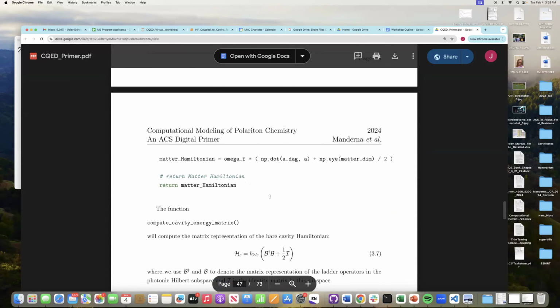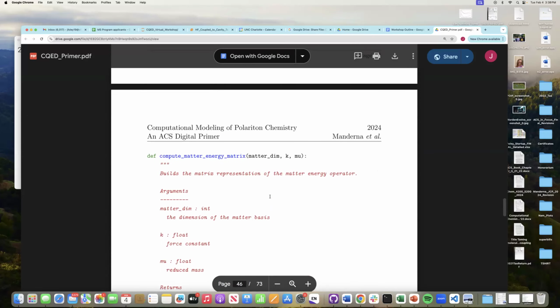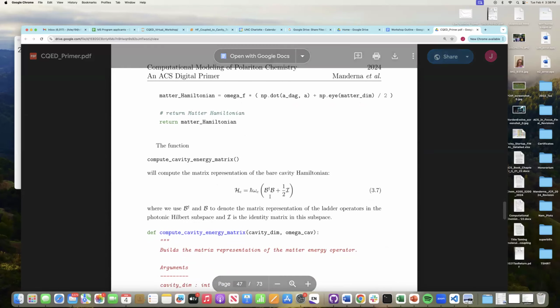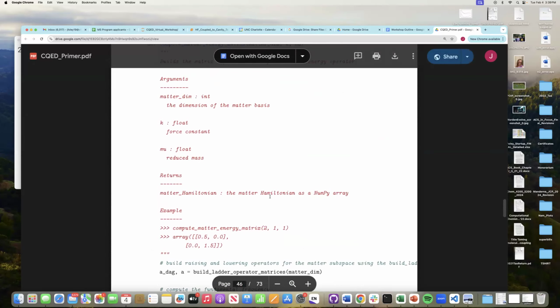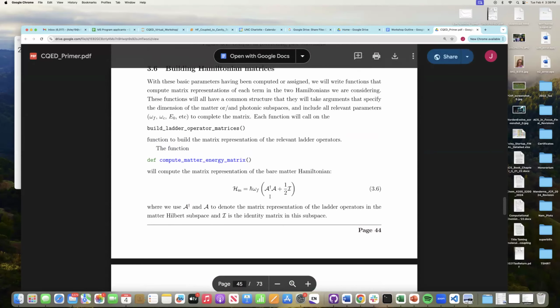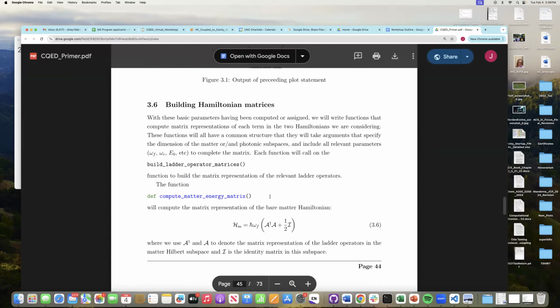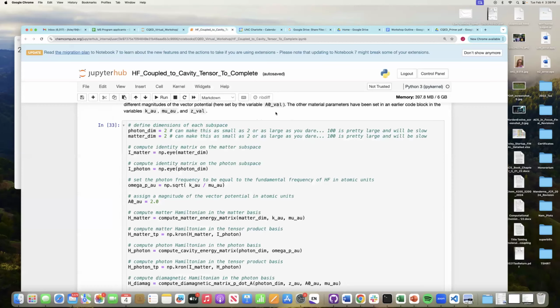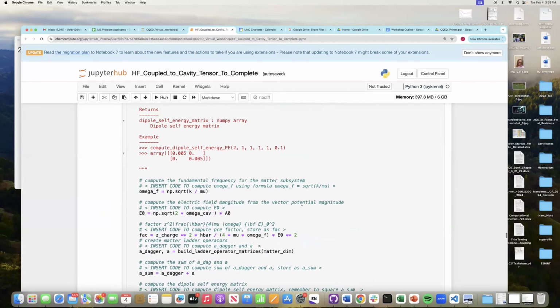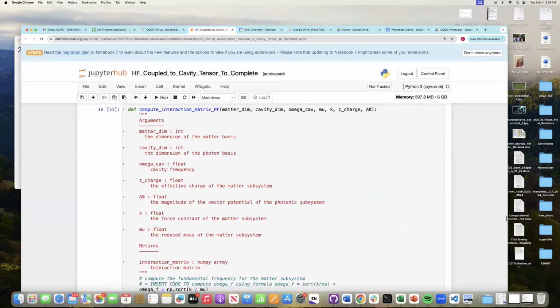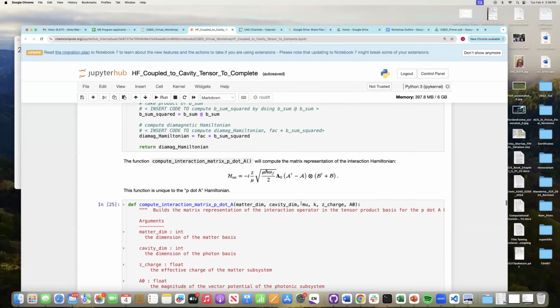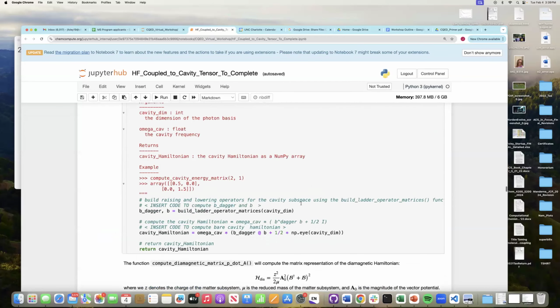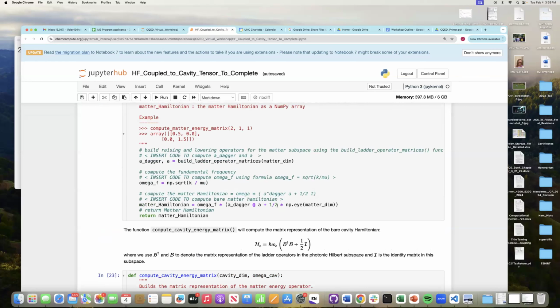So there's the cavity. Well, it appears that we intended to have this. Let's go back and look at those 0-point energies. I think there might be something still wrong with our 0-point energies. Okay, matter Hamiltonian, 1/2 identity.